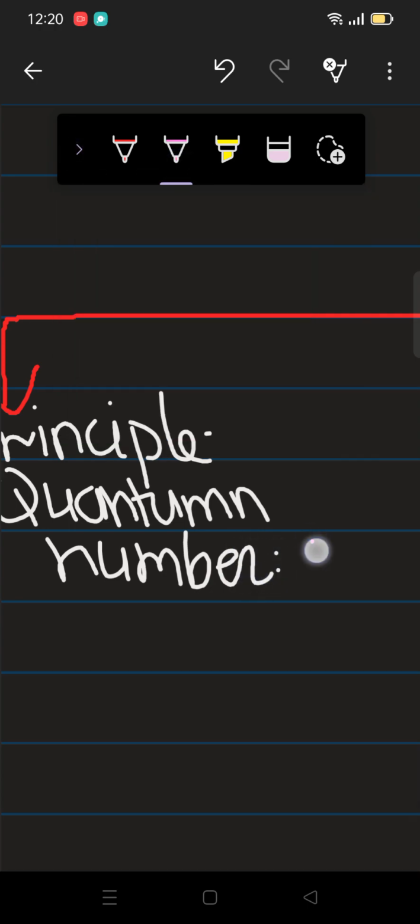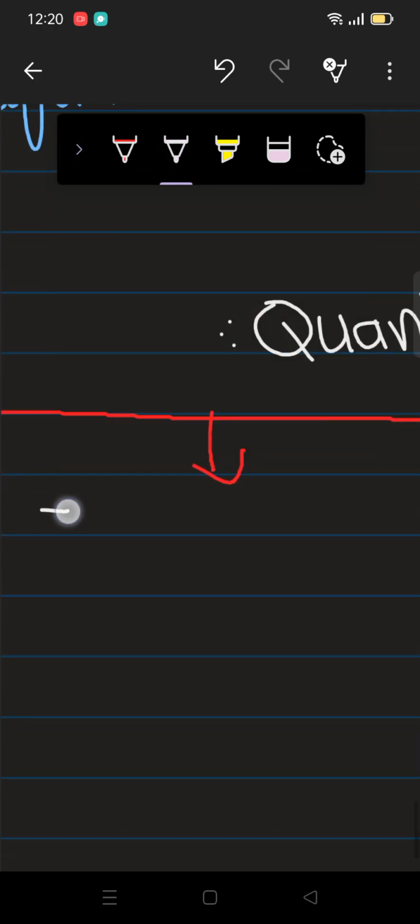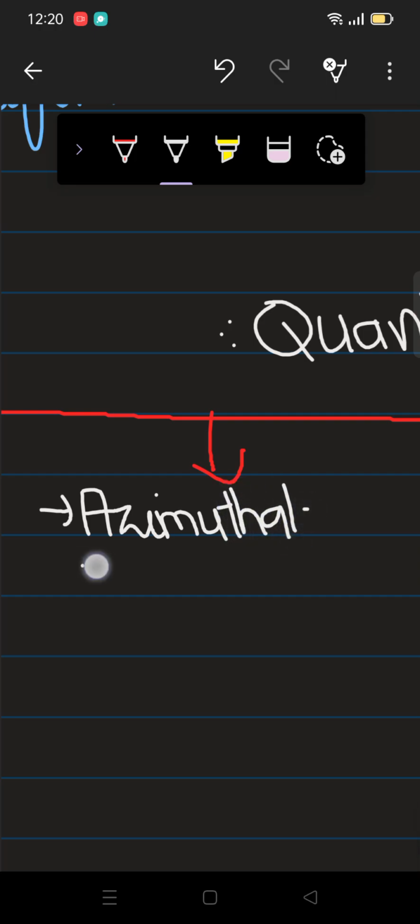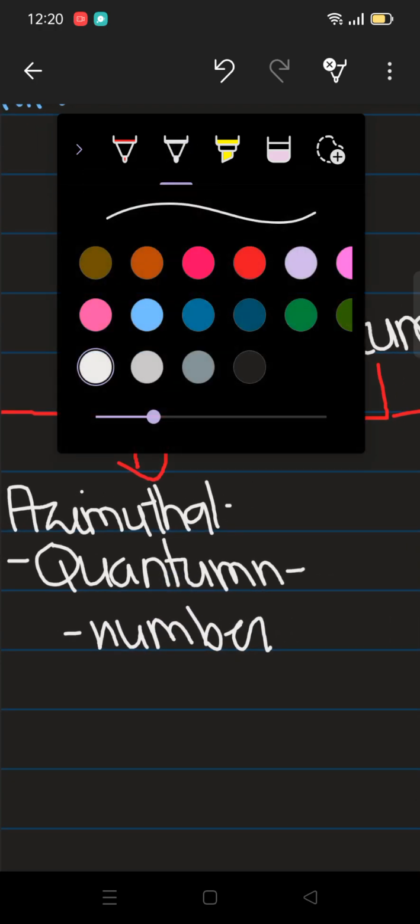Then we have the azimuthal quantum number, which is denoted with l.